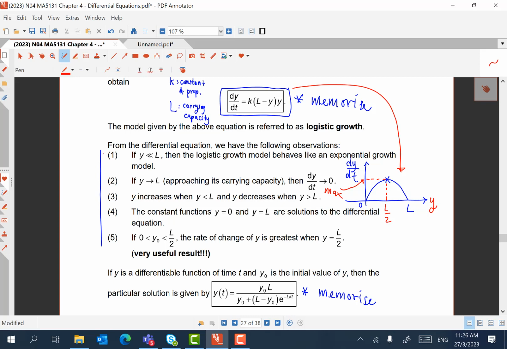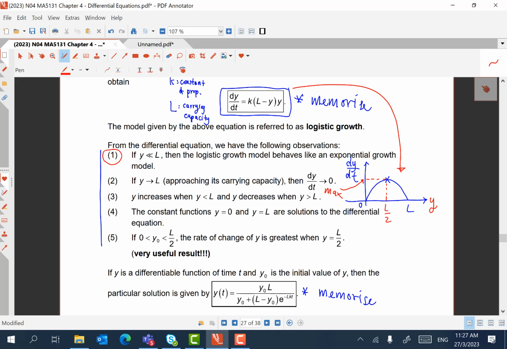Class, can you read bullet point number 1? Let's have Kai-Wen march to the board, address the class, and tell us what bullet point number 1 is all about. If y is much smaller than L, then the logistic growth model behaves like an exponential growth model.